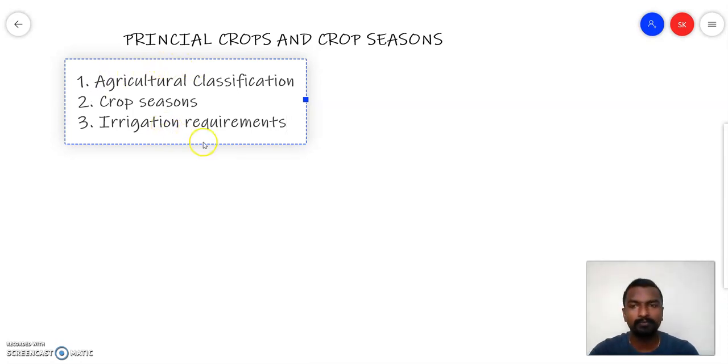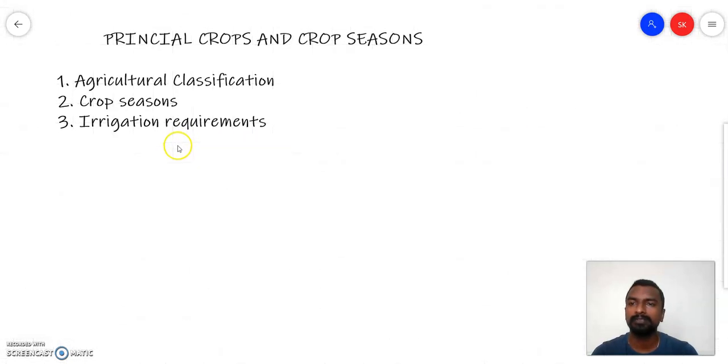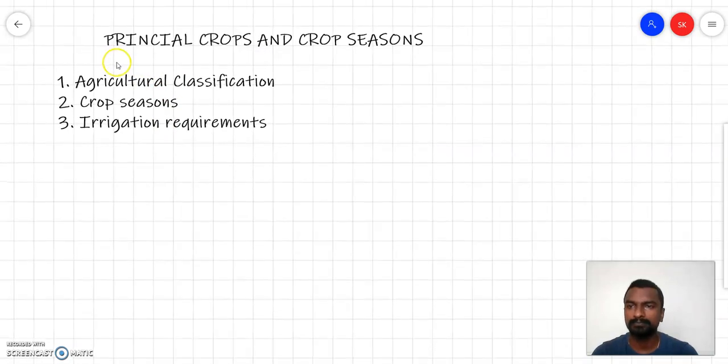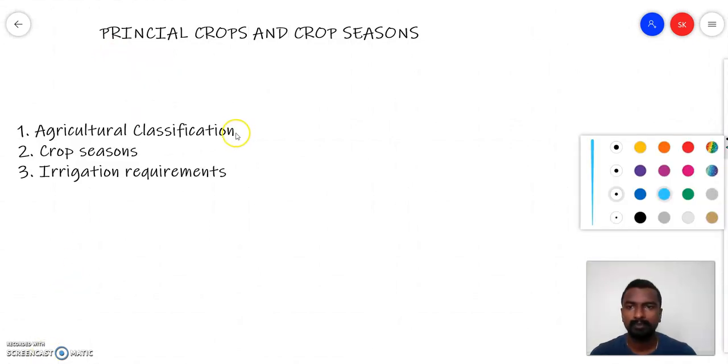So let us start from the first one. We will discuss one by one, starting from the agricultural classification. In agricultural classification, there are different types.